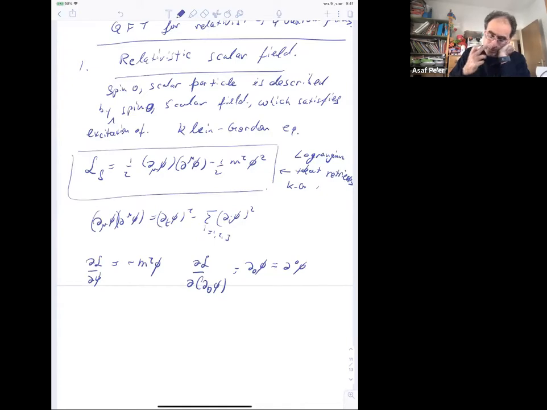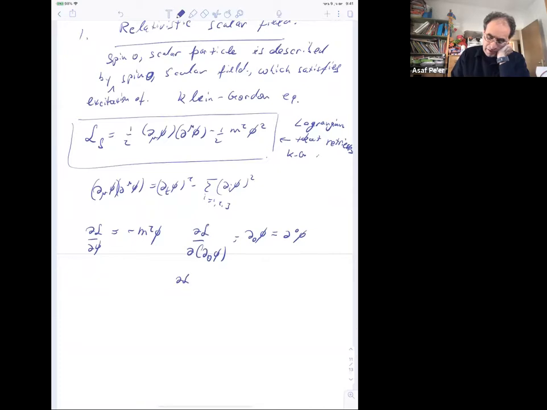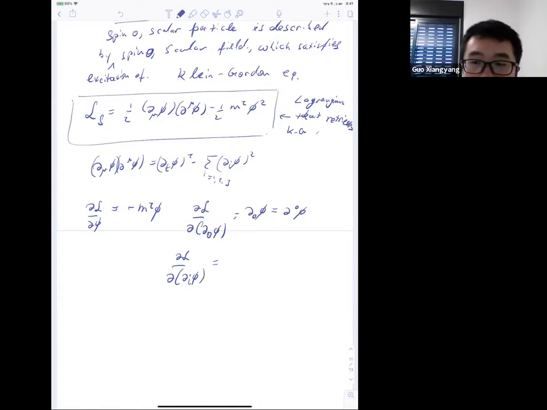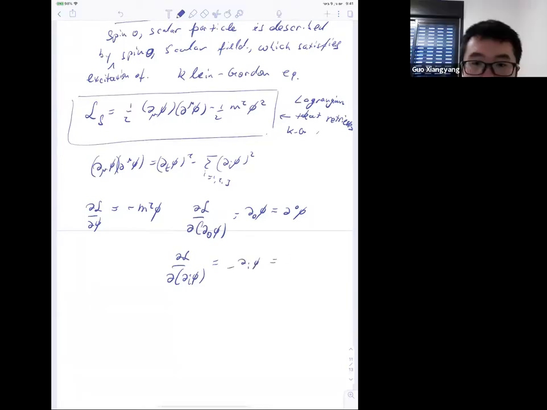That's because of the convention of the metric we use, right? And dL over d(d_i phi), what is that? It's minus d_i phi. Yes, very good. Minus d_i phi, which is d^i phi, right?